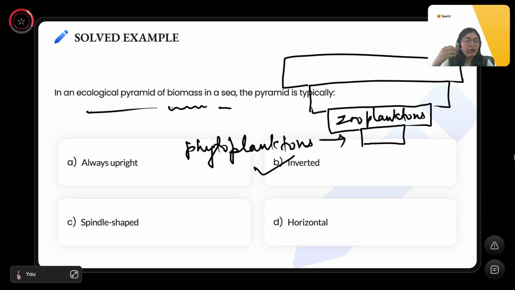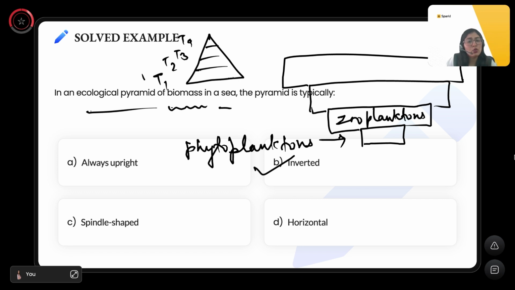Clear? And if the question asks which ecological pyramid is always upright, remember the pyramid of energy is always upright. Why? Because from trophic level T1 to T2, T3, and T4, as you go up to the successive trophic level, the energy keeps on reducing.